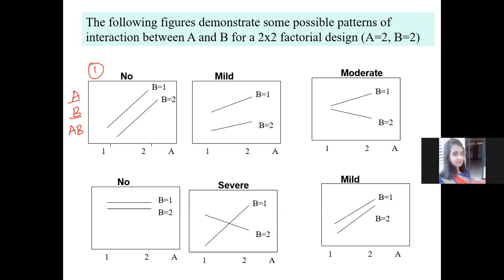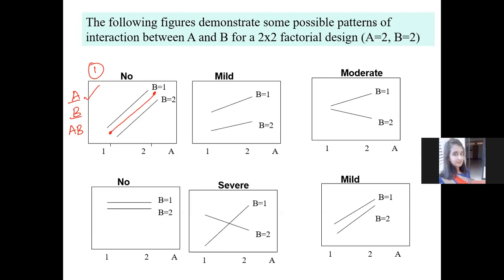Anyone? What is the average of A? Average of A1 is there. Average of A2 is there. So there's a slope. So main effect A is present.